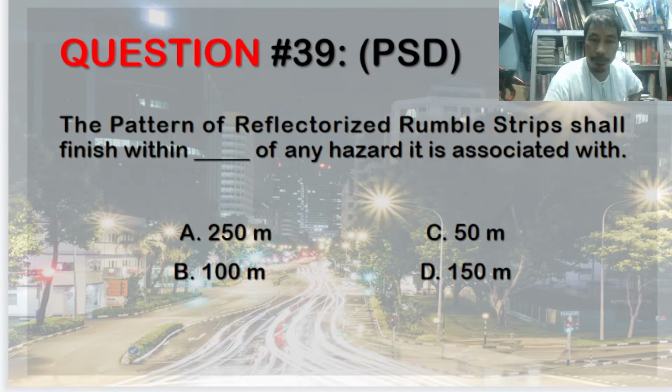So we're talking about the pattern of reflectorized rumble strip shall finish within what length of any hazard. Every rumble strip has an associated hazard area.